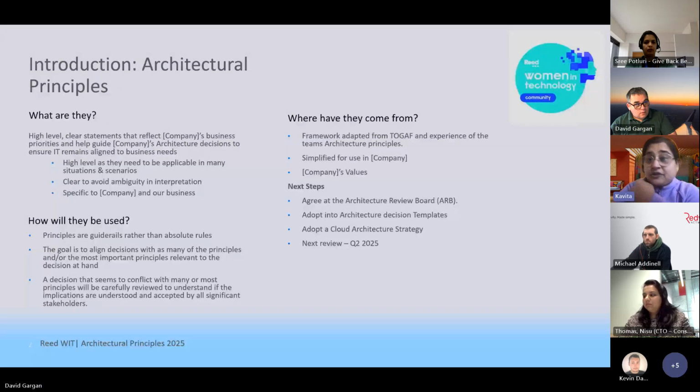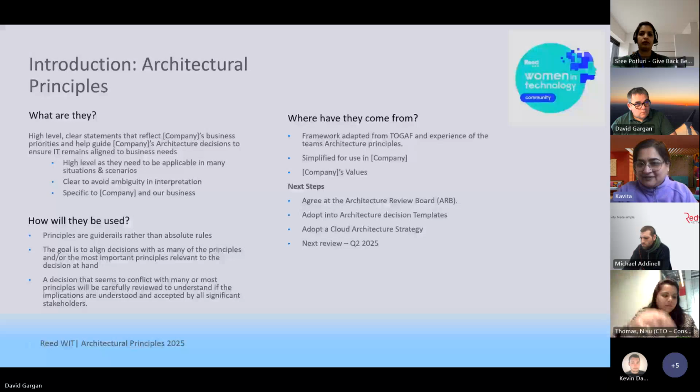We can do that, and then we can dive into some examples of architecture principles. Breaking it down etymologically, they're the basic high-level principles on which you would build any future artifacts.